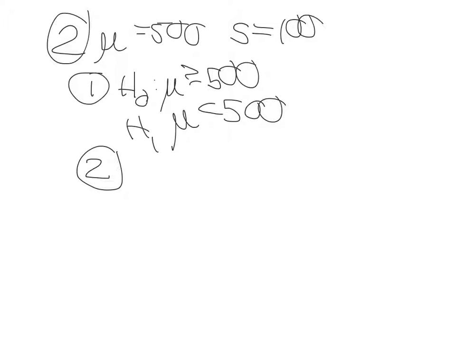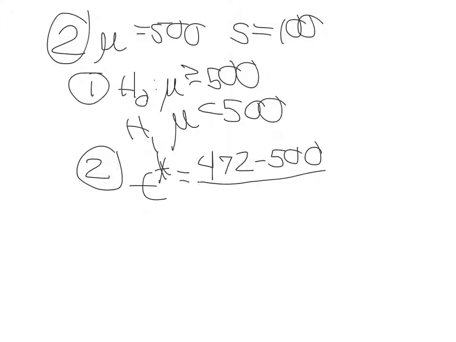So in step 2, now remember you're going to have the T distribution. So you're going to have the X bar of 472 minus 500 all over the S of 100 over the square root of 25.